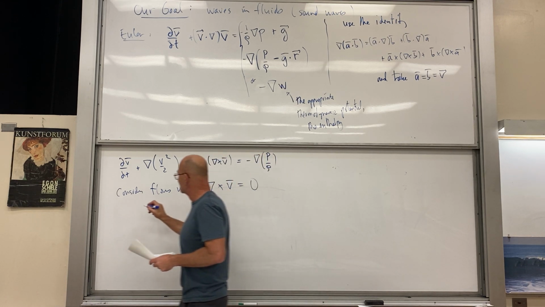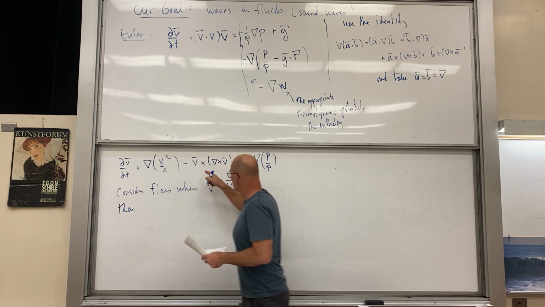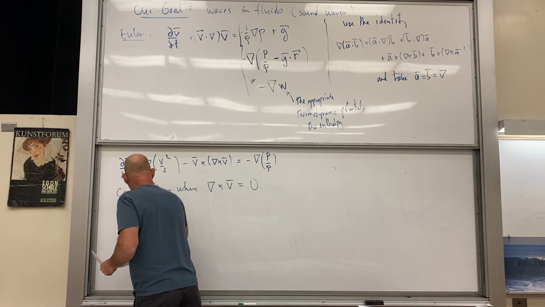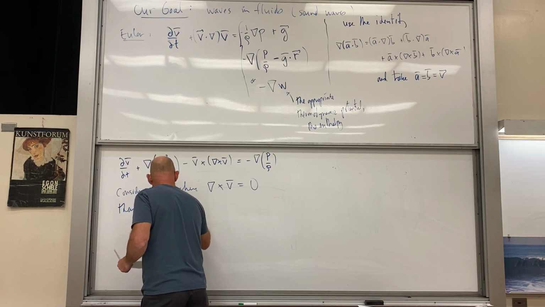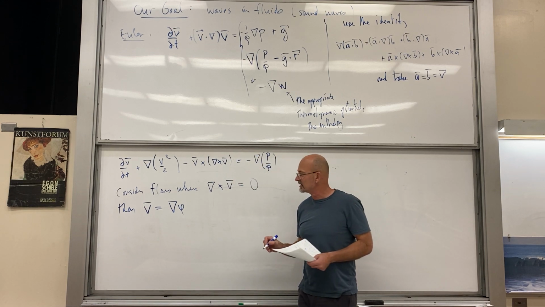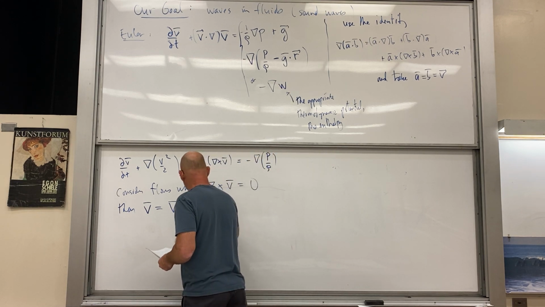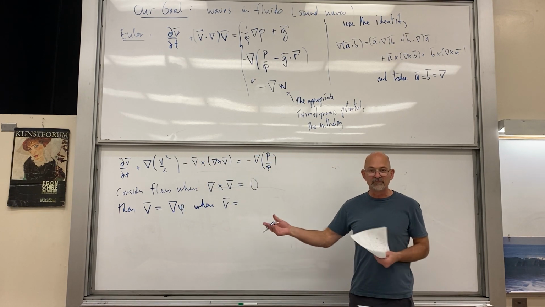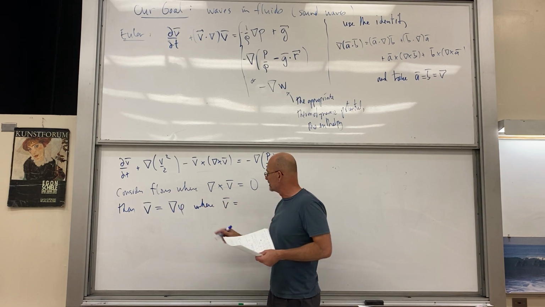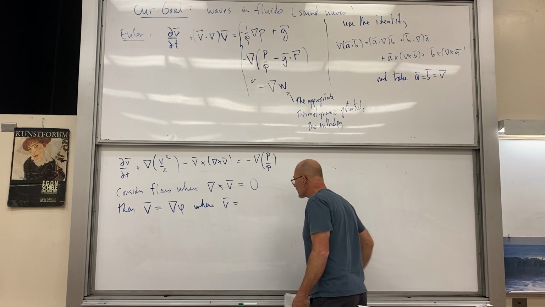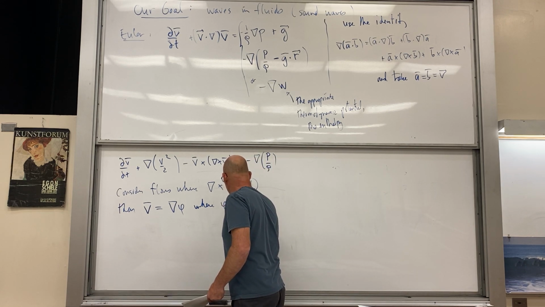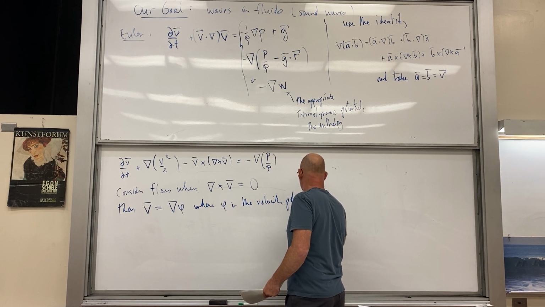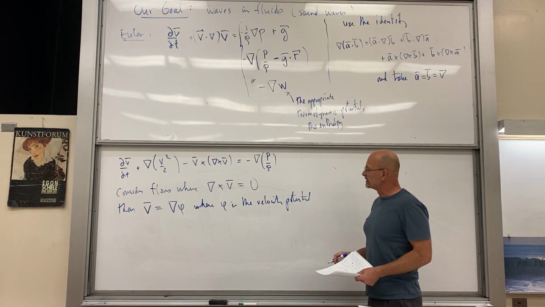Then, in addition to this term vanishing here, we can express V as the gradient of what's called the velocity potential. Right? Because that's a property of a curl-free field. It can be expressed as the gradient of a potential. So not V, but phi here is the velocity potential. And it's going to simplify things a lot.